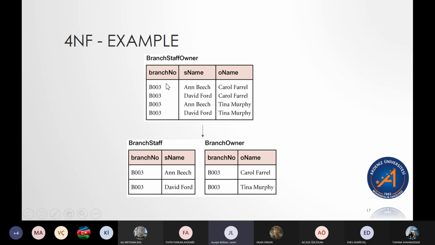Notice that in order to have all combinations covered, we end up having duplicated information, where Anne works at a certain branch and Carol owns a property that's managed by this branch, but David also works at this branch. But in order to have this row show up, we're going to have this as well.